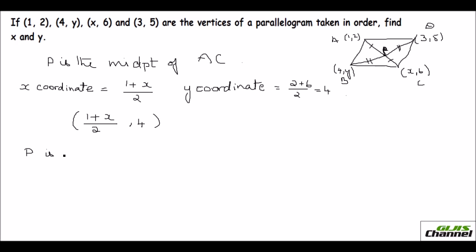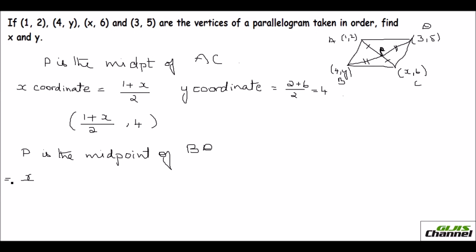Now I'm going to take the other diagonal. We know that P is the midpoint of BD also. So let us find the x coordinate and y coordinate of that. Your x coordinate is, add up the two values of x, 4 plus 3 over 2, so that is 7 over 2. And the y coordinate is y plus 5 over 2.